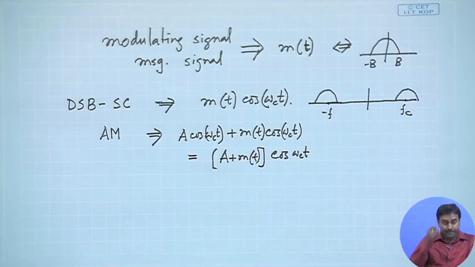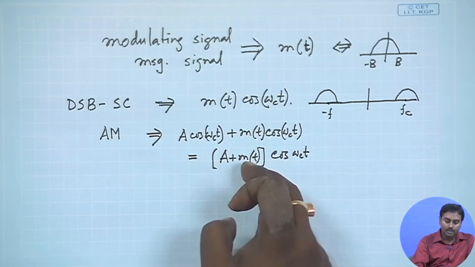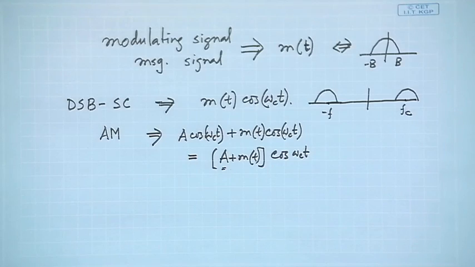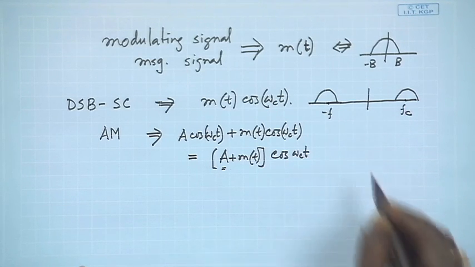So, therefore, it is just like a DSB modulated signal, but the modulating signal you add with a DC level A, or actually in circuitry you add a carrier to it with strength A, or power A squared by 2. So, what will happen?